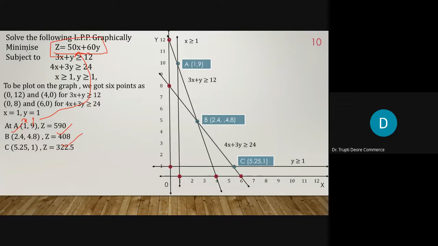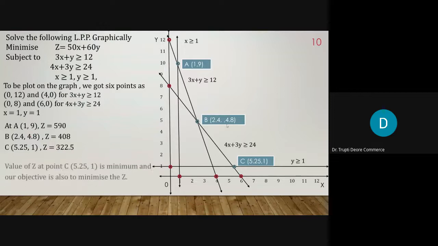So what is our objective? Our objective is to minimize the value of Z. So minimum value out of these 3 points A, B and C is 322.5. So this 322.5 is the minimum value. So our solution for LPP is the point C. It means the value of x will be 5.25 and the value of y will be 1.